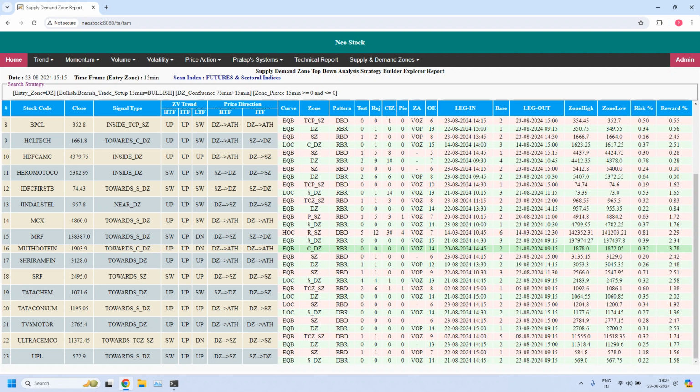But HTF is daily. If HTF trend is uptrend and daily zone is demand zone, then probably that is an even more superior trade setup. But anyway, first let us look into 75 minutes and daily zone confluence.